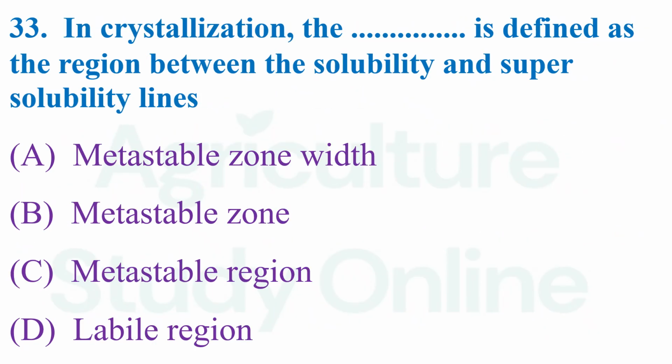Question number 33. In crystallization, the dash is defined as the region between the solubility and the supersolubility lines. So it is the metastable zone. So in the crystallization process, what happens? There are two important curves. First, the solubility line.